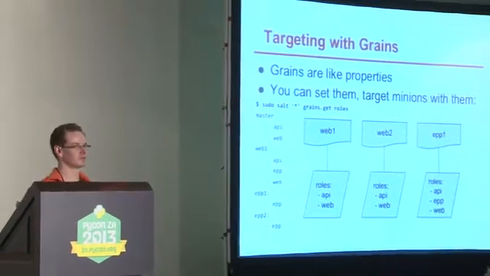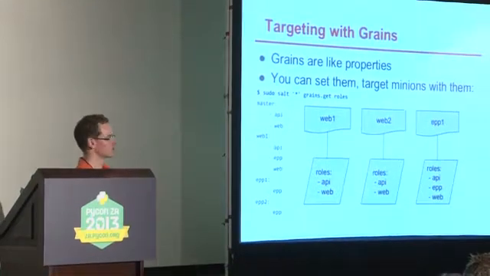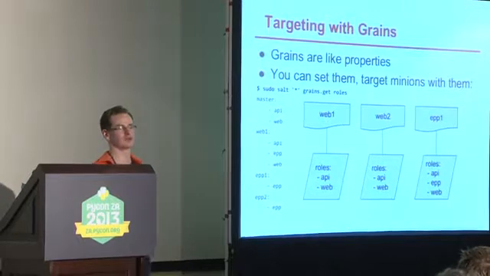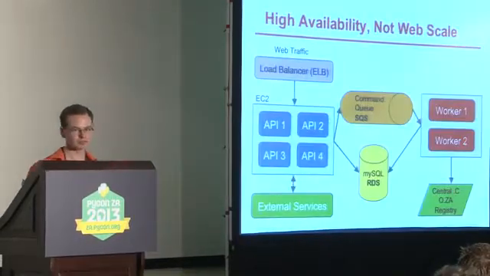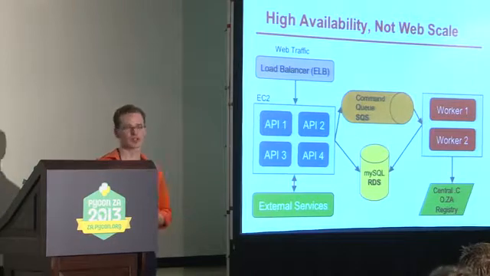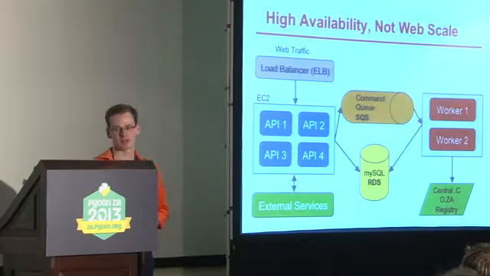So this is a visual depiction of roles on certain nodes, and you can update them at any point in time and tell the Salt master to update the nodes for which the roles have changed. All right, so I've given you a bit of an overview of how our architecture works, with an emphasis on high availability and not necessarily web scale.